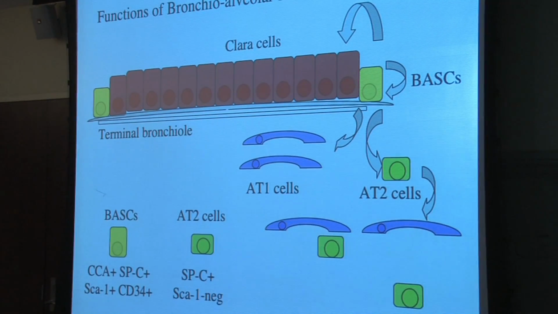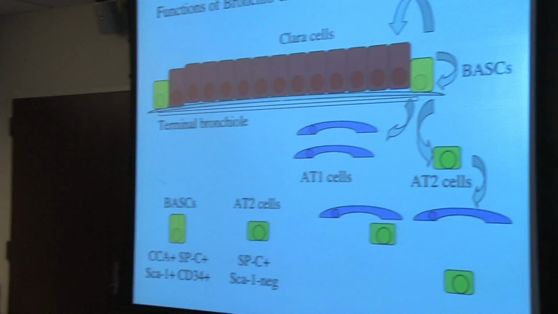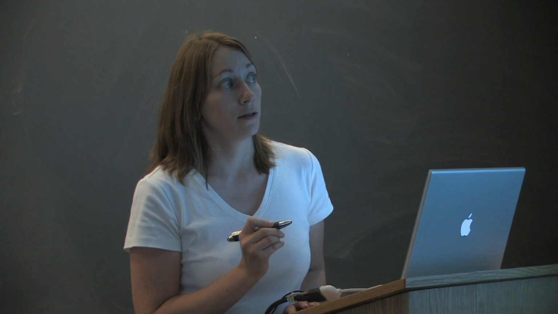Now, even though we have a few markers, one of the goals of my laboratory's research will be to add to these lists in order to make it possible for us to further study these cells. And in addition, we'll work on creating tools where we could ablate certain genes, for example, only in one cell type or another, and determine if they really are the important cells that we think they are.